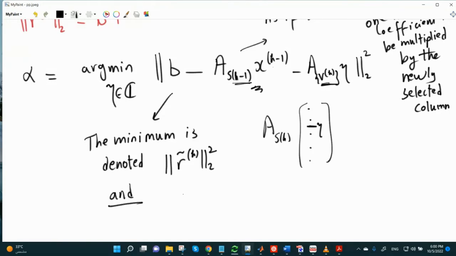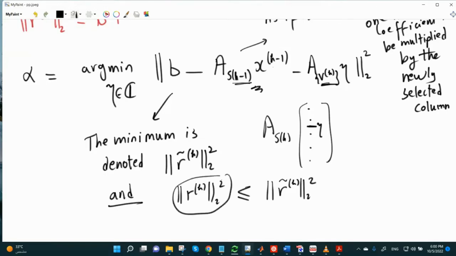And what do we have? We have that R of K squared is less than R tilde of K squared. So this is the quantity that we are interested in. And now we are constructing an upper bound on this residual.